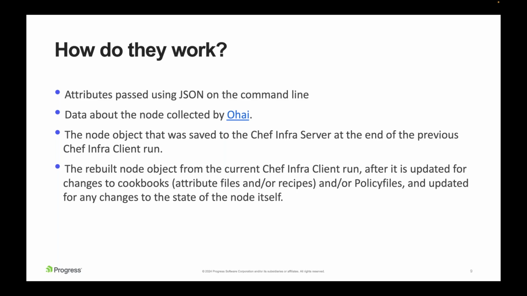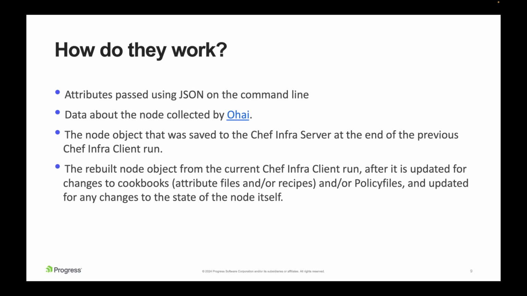Followed by the node object that was saved to the Chef Infra server at the end of the previous Chef Infra client run. So this was also something that was there in the last slide. It collects the data of how it was before, and then the rebuilt node object from the current Chef Infra client run after it is updated for changes to cookbooks, right?